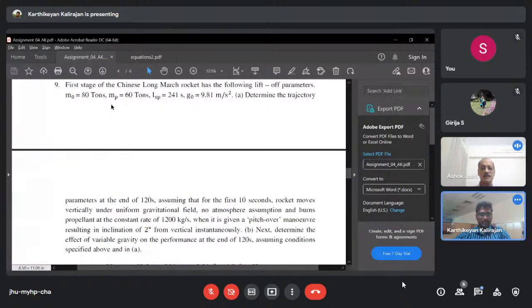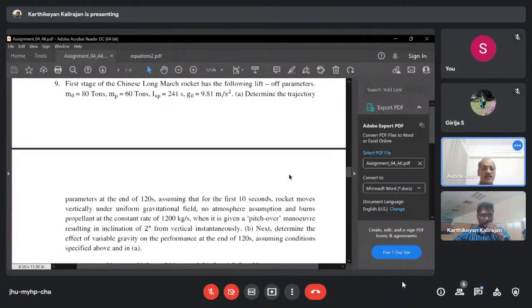Yes. Okay, so let me explain the philosophy of this question. Now, this question essentially is talking about the curvilinear motion, which is an essential aspect of any trajectory design. But what happens is that you cannot start the curvilinear motion in the vertical attitude, because that represents a singularity in the curvilinear solution equations.